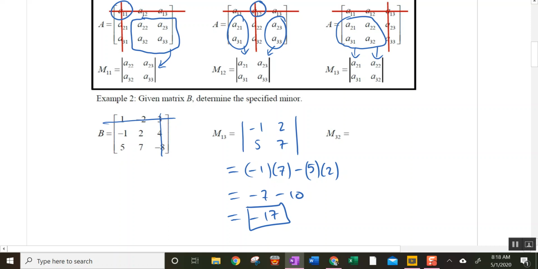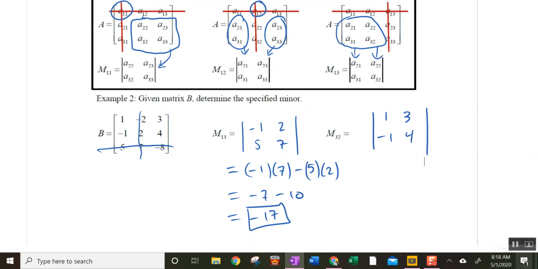Let's do another one. We'll say row 3, column 2. I'm going to cross out row and column. Here's row 3, column 2. Okay, so what's left in that matrix would be 1, 3, negative 1, 4. And we could evaluate the determinant of that, which would be 1 times 4 minus 3 times negative 1.